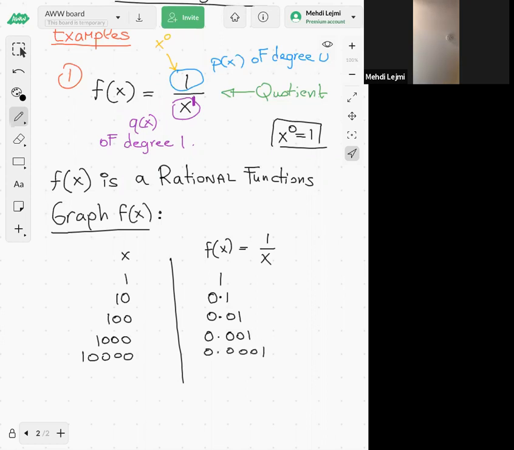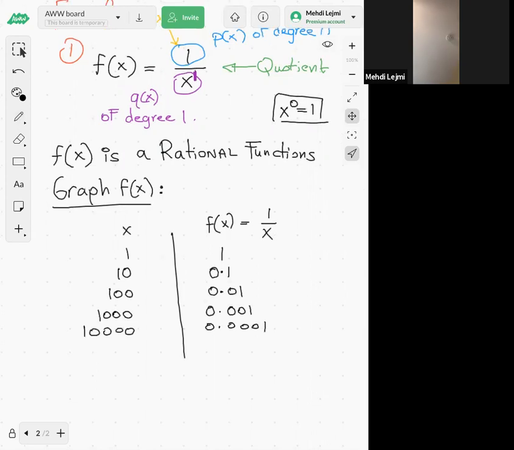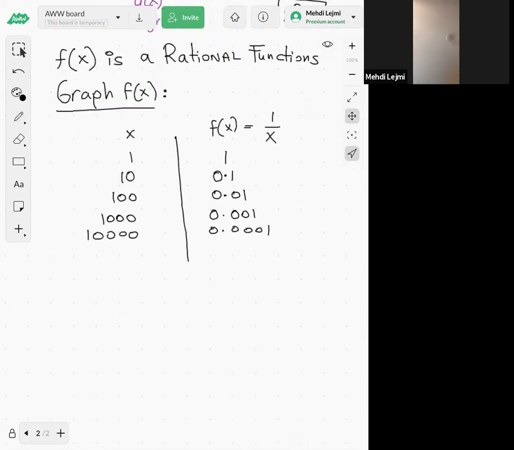So you see what's happening here, guys. The values of x, 1, 10, 100, 1000, 10,000, 1 million, etc., are getting larger and larger, and actually they are approaching infinity.